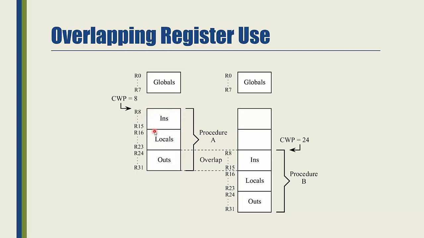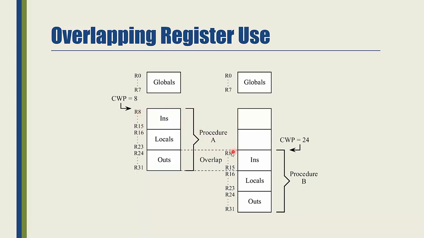So after this point, the next call to another procedure, for example, procedure B, which is called at this point, can already use register 8 to 15 as input, even though procedure A is not finished yet, but it already finished using register 8 to 15.